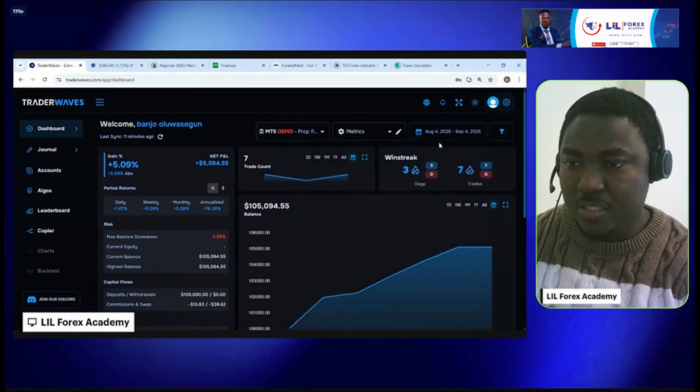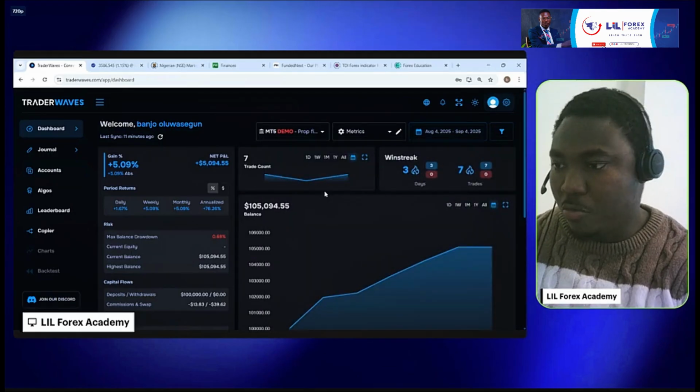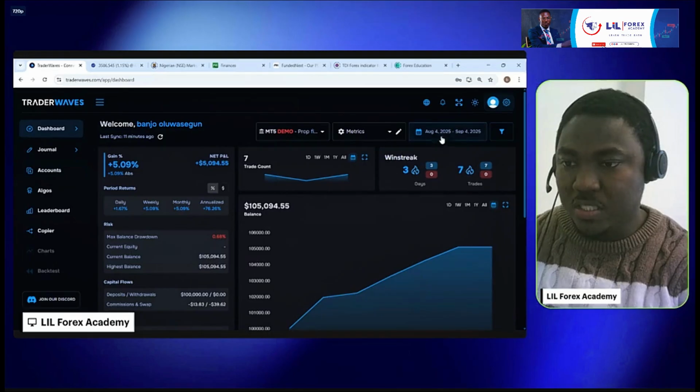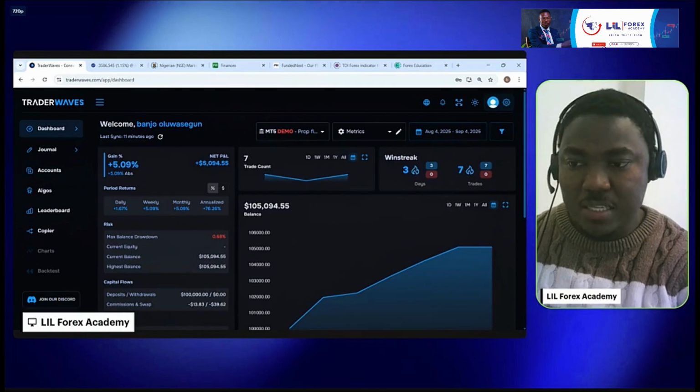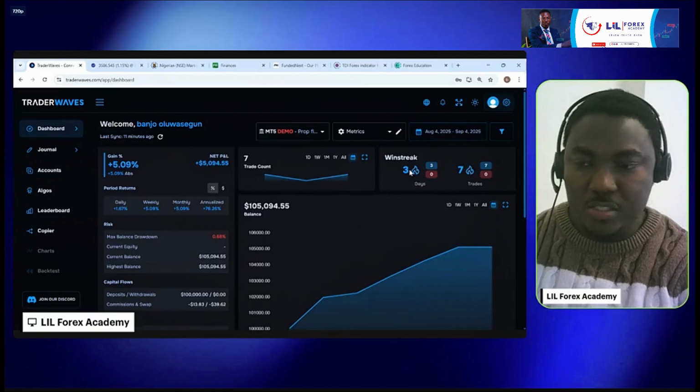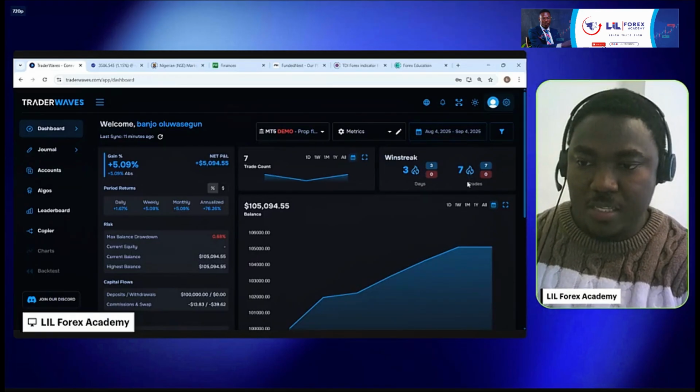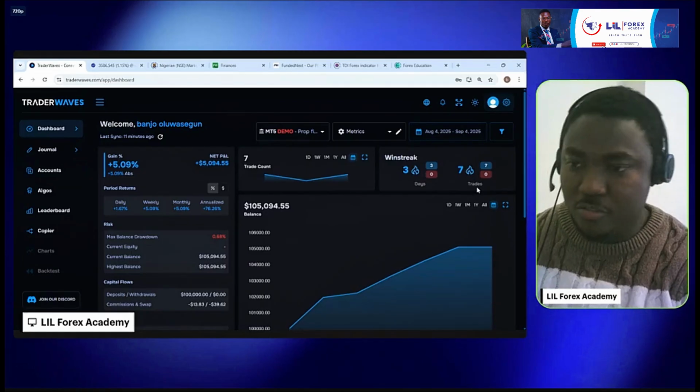So let's leave the date as it is at the moment. What you can see now is within this date range, I've taken 7 trades in total. Okay, and I had 3 days of consistent wins, and I've had 7 winning trades as well. Okay, so these are my winning streaks, right?